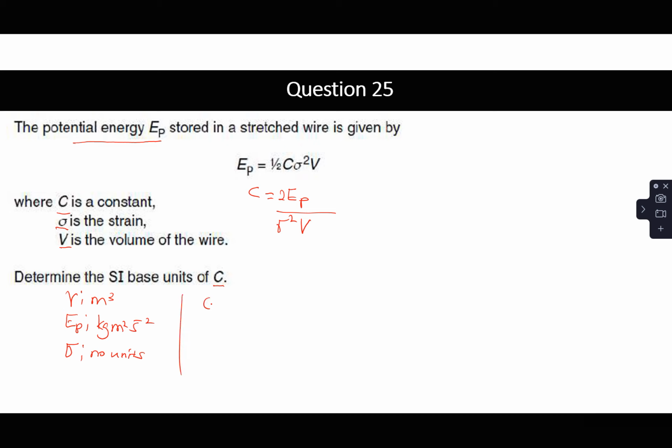Therefore, we can substitute and say the base units of C will be energy, that is kilogram meters squared per second squared, divided by sigma, which has no units but squared, so it doesn't affect anything, over meters cubed. So when I simplify this, kilogram m squared over m cubed, that is m power negative 1 s power negative 2. So those will be the base units of C.